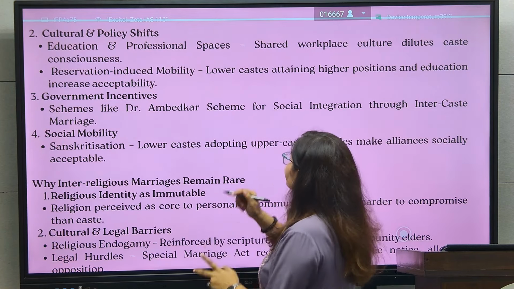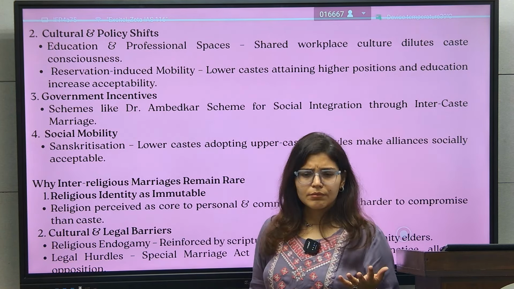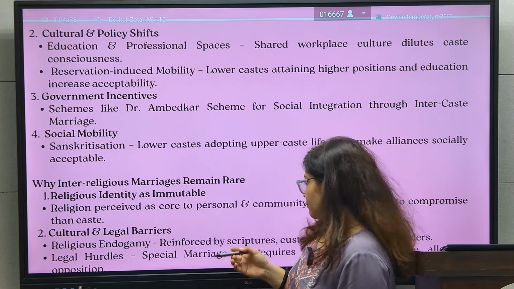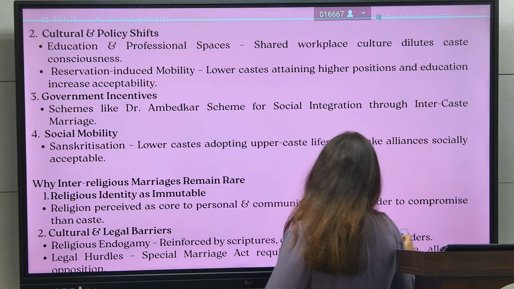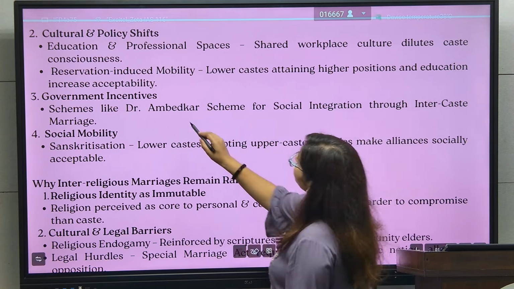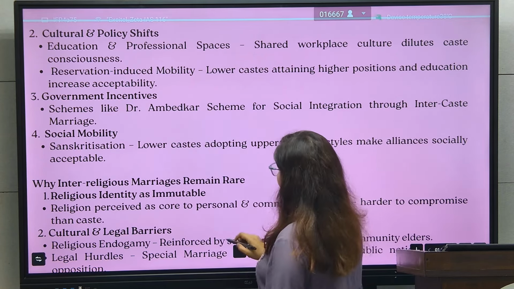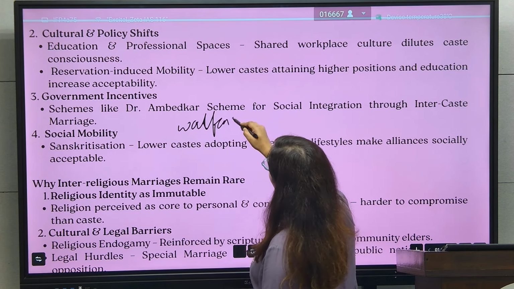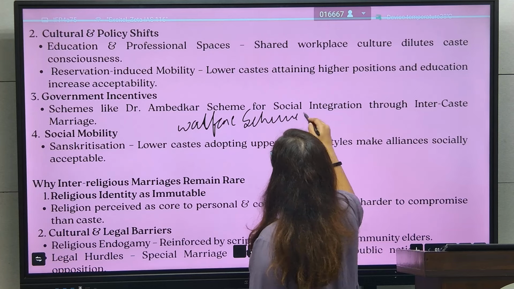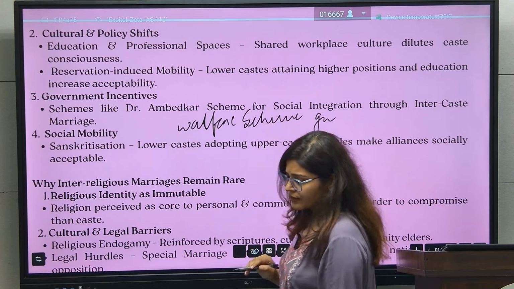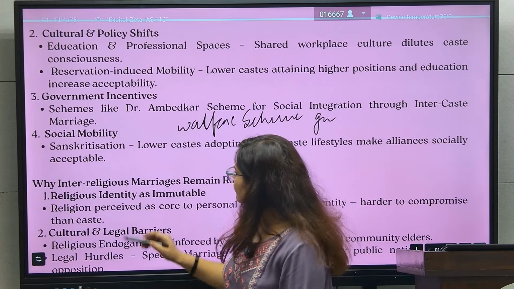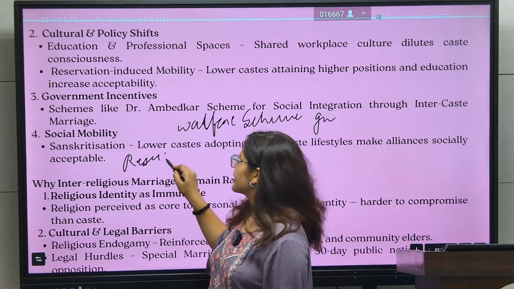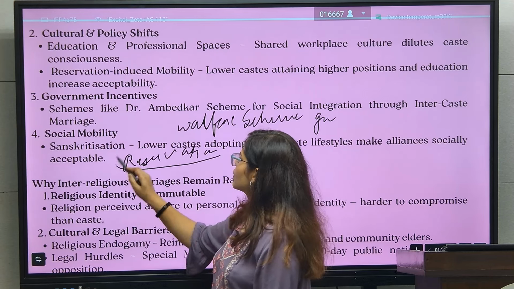So there are various welfare schemes given by the government to marginalized sections. We can take an example of reservation.